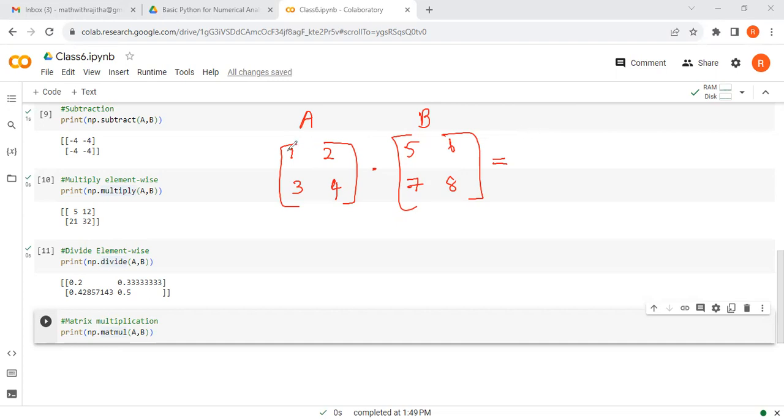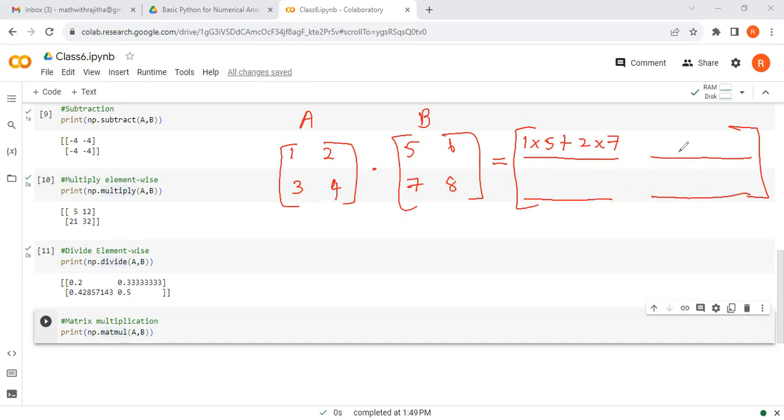So 1 multiplied by 5 plus 2 multiplied by 7. This is the first entry of the resulting matrix.